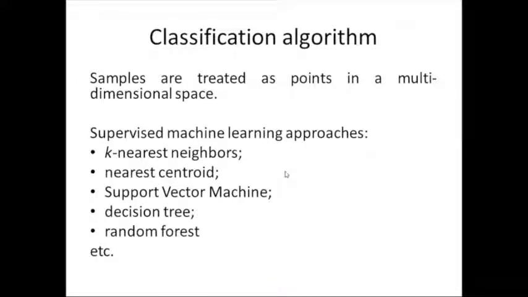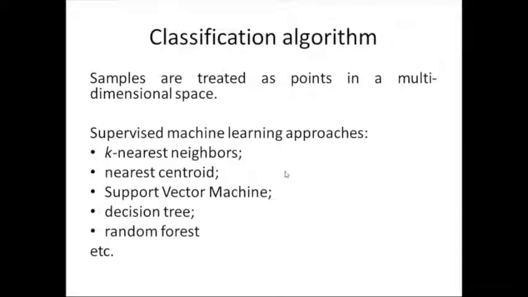Regarding the classification algorithm itself, again, in the majority of cases, all samples are treated as points in multidimensional space. For example, if we're working with a gene signature that is based on expression levels of genes, that is, we're working with transcriptomic gene signatures, then for each gene we have an expression level, and the dimension of the space we're working with is equal to the number of genes in our gene signature.